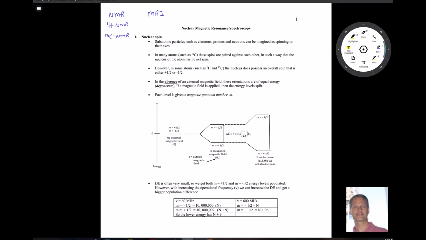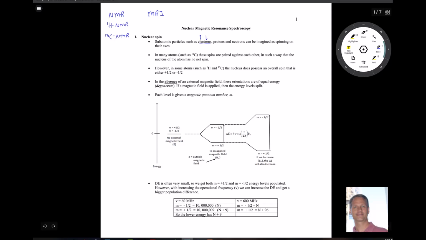Right, so let's talk about nuclear spin here. Subatomic particles, like electrons, remember we talked about electrons, can have spin up or spin down. Protons and neutrons can be imagined as spinning on their axes also, so they're rotating around.